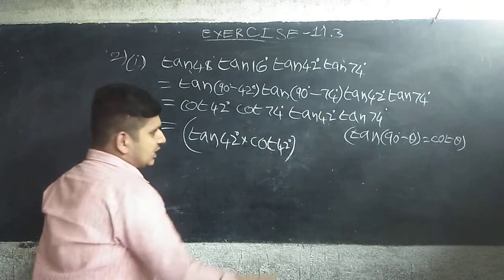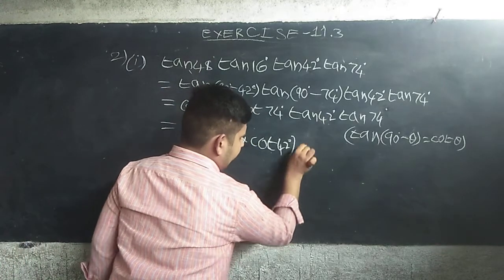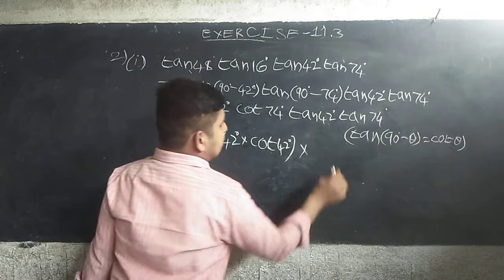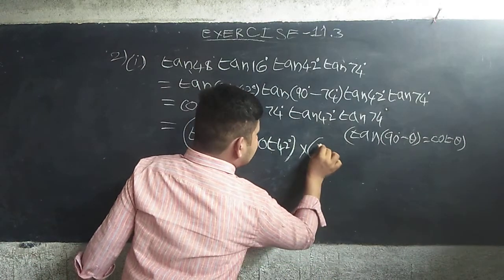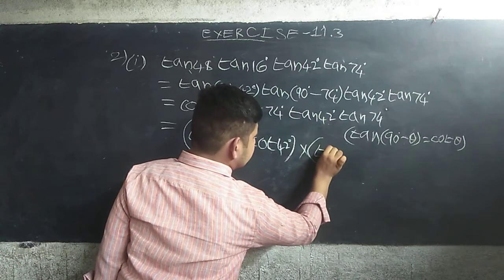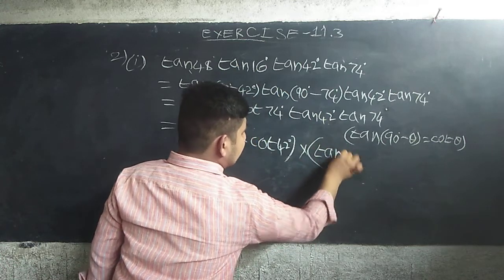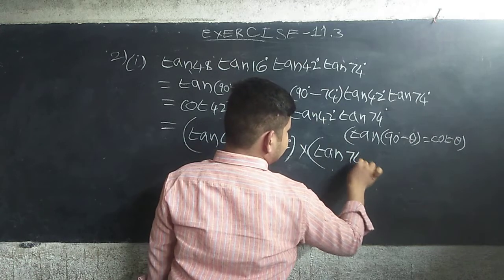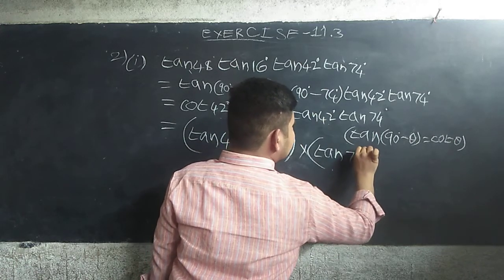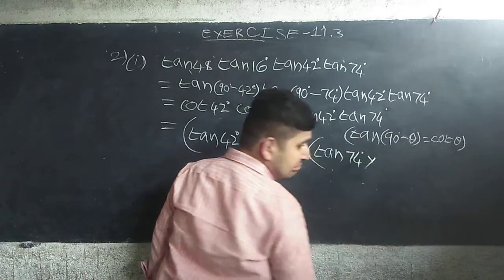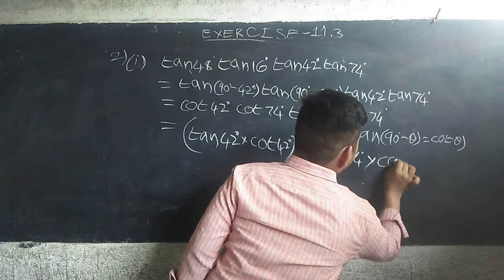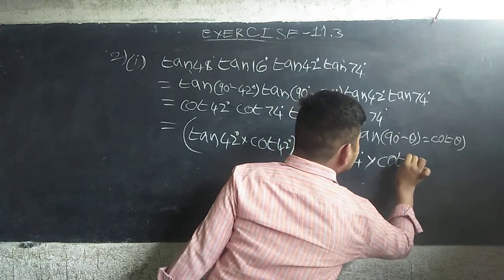Okay, now into, again open the bracket. Into tan 74 degrees into cot 74 degrees.